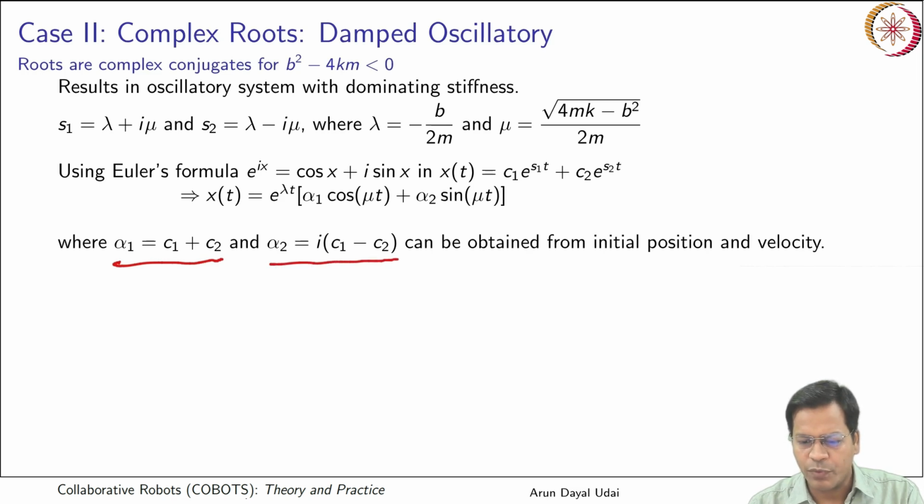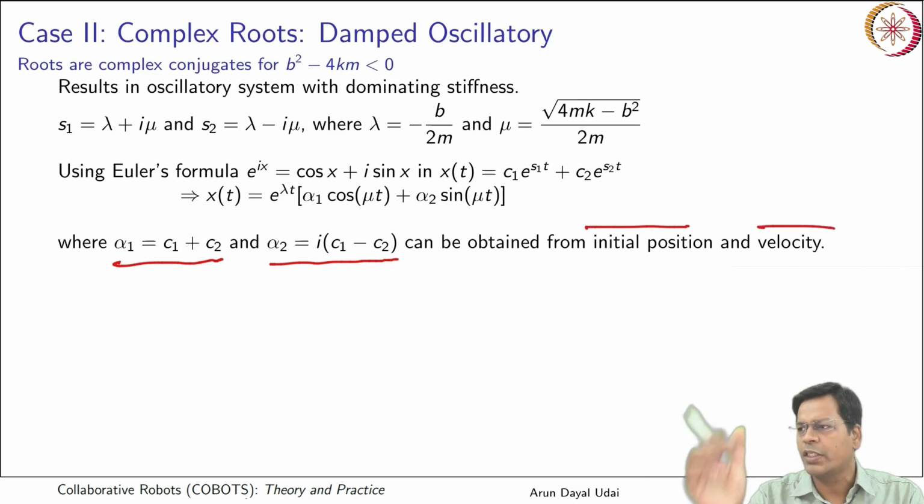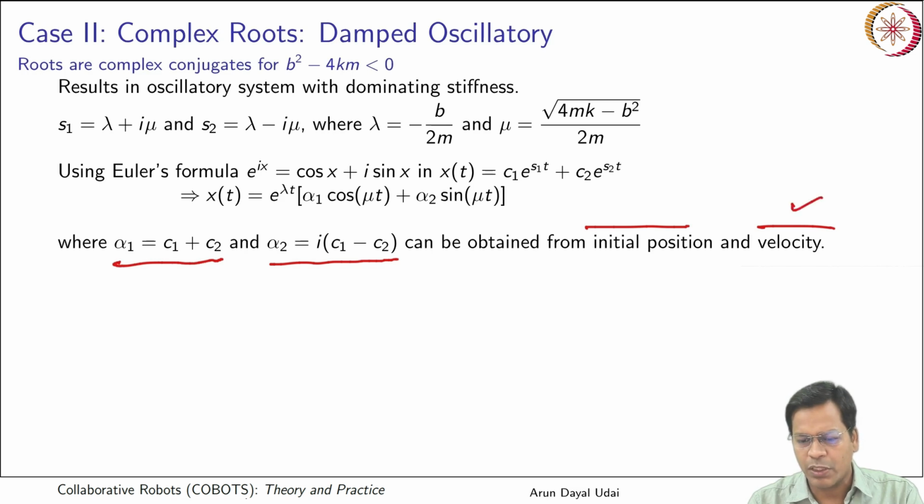They can be obtained from the initial position and velocity. You already know when you have released your block, at what displacement you released it, and what velocity you imparted. Those initial conditions can be put in the way we did just now in the earlier example, and I can evaluate alpha 1 and alpha 2.